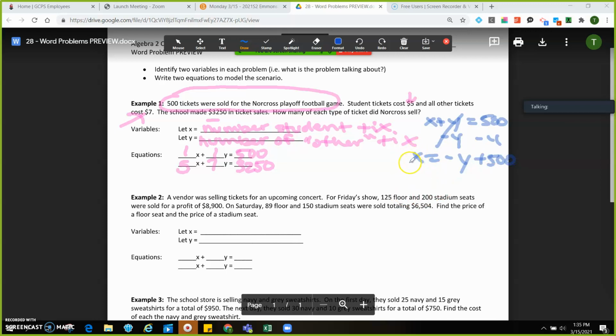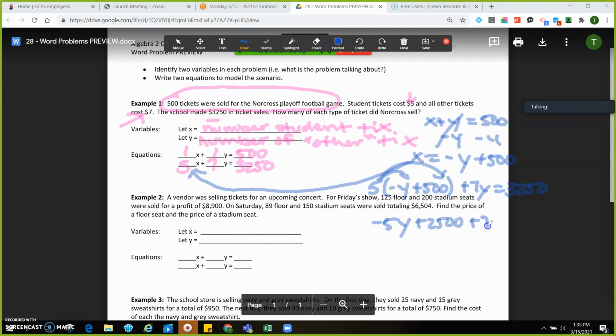So now I'm going to take this and plug it into the second equation. So I've got 5 times (negative y plus 500) plus 7y equals 3,250. If I distribute this, I'm going to get negative 5y plus 2,500 plus 7y equals 3,250. Combine my like terms.